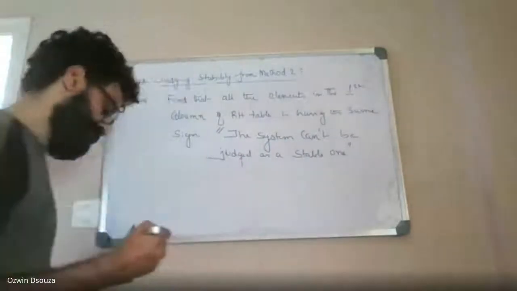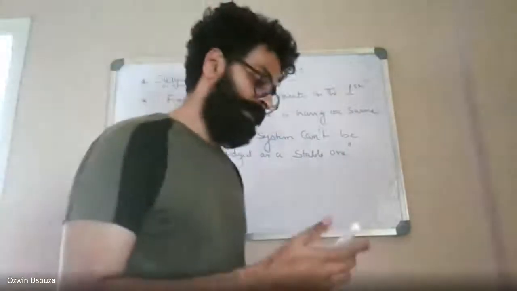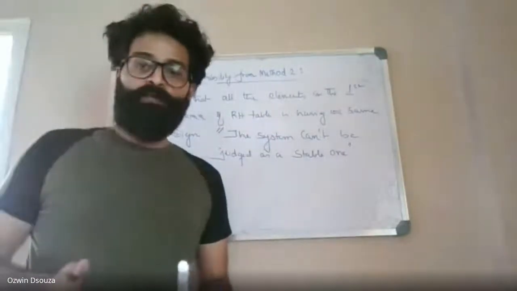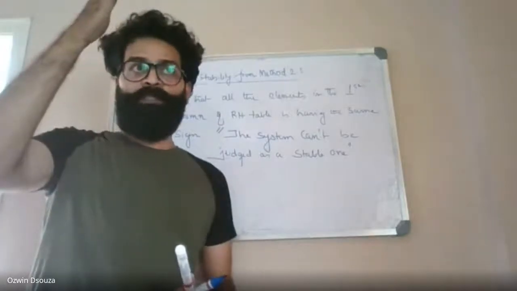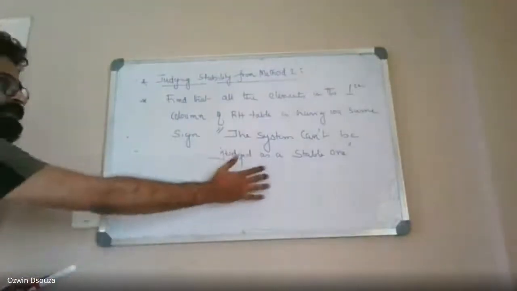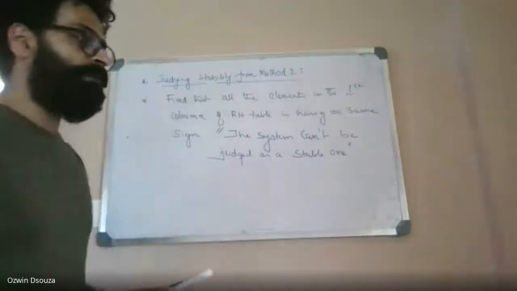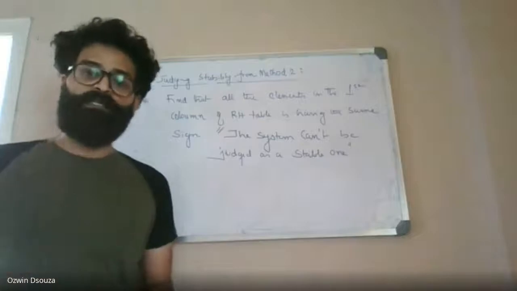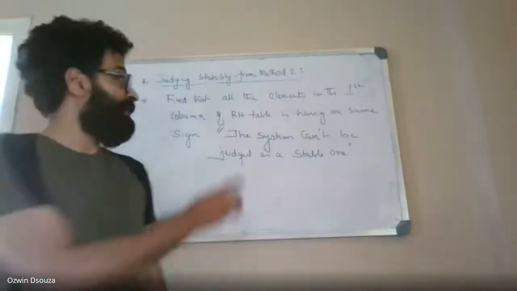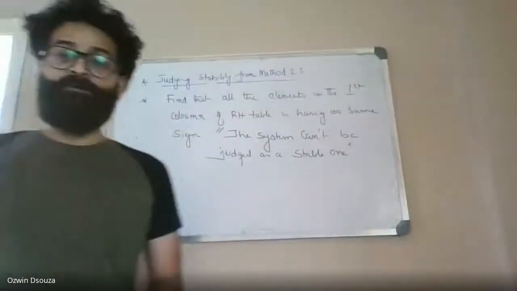Quite often, even when I was a student, we have this common notion that the moment you get the first column entries having the same sign, we just jump to this conclusion. Okay, my first column entries have the same sign, so let me say the system is stable. That holds good if the system doesn't encounter difficulty 2.